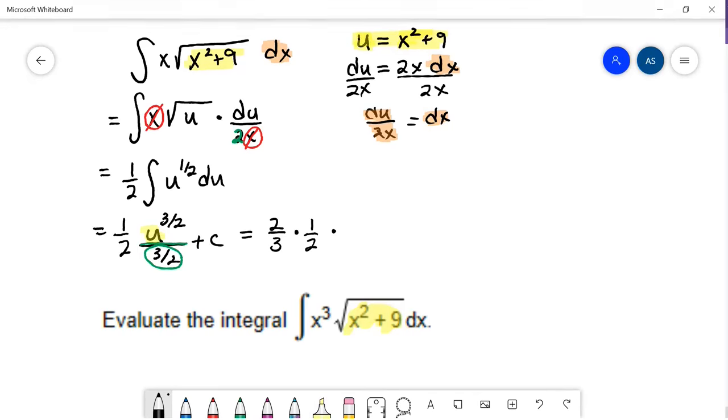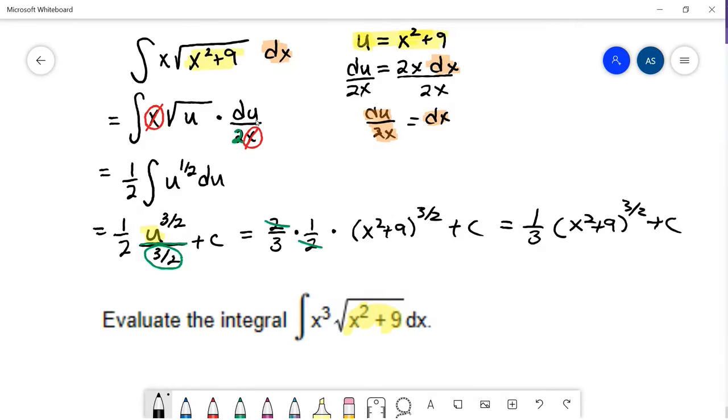So u is equal to x squared plus 9. We have x squared plus 9 to the 3/2 plus c. The 2's cancel, and we have 1/3 times x squared plus 9 to the 3/2 plus c.